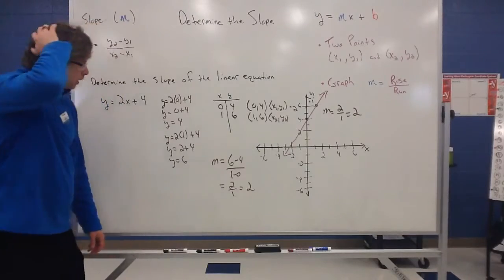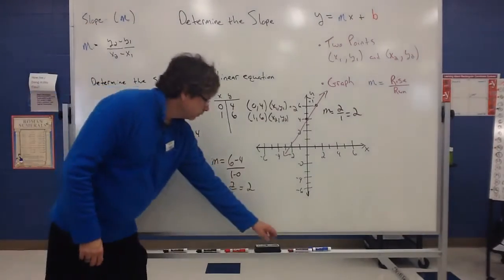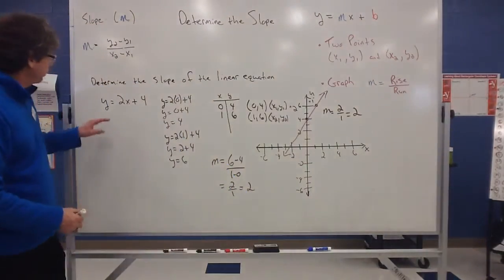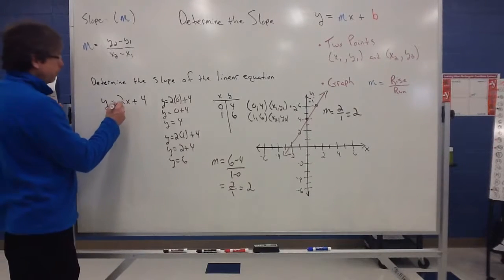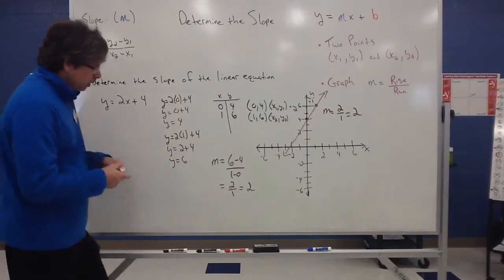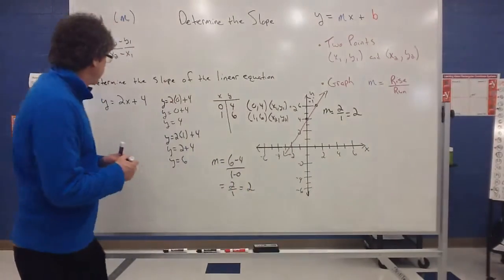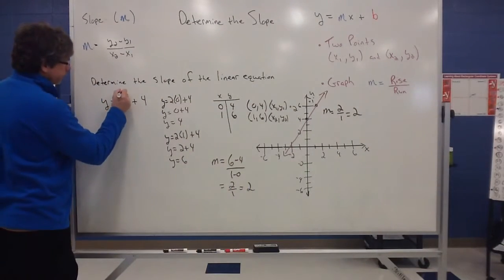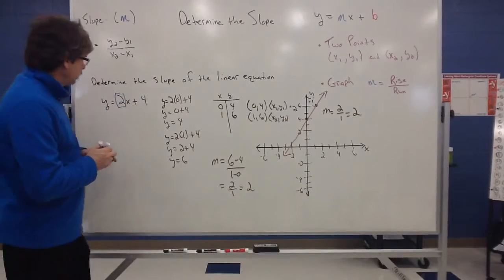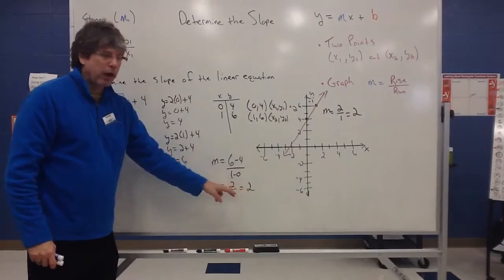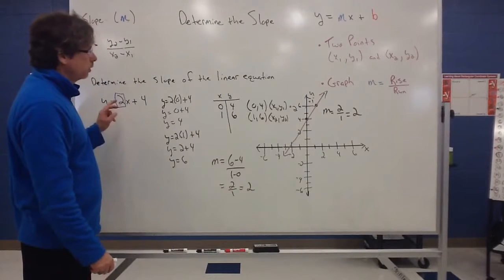Now what's interesting in our equation is, notice how this equation is solved for y, and notice the coefficient in front of x there. The coefficient of x is this 2. We found that the slope was 2 and that coefficient of x is 2.